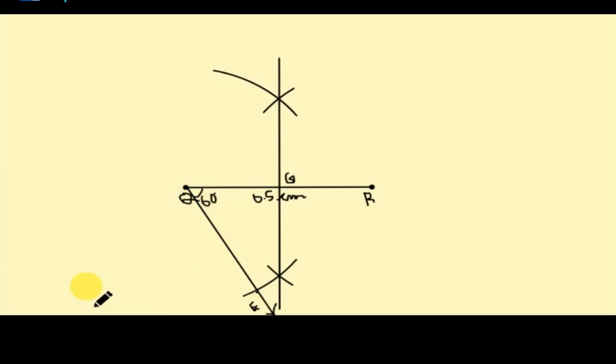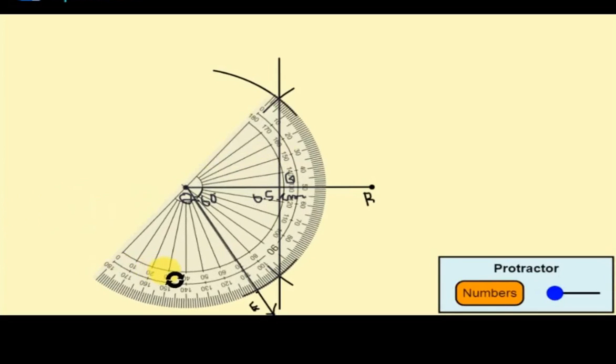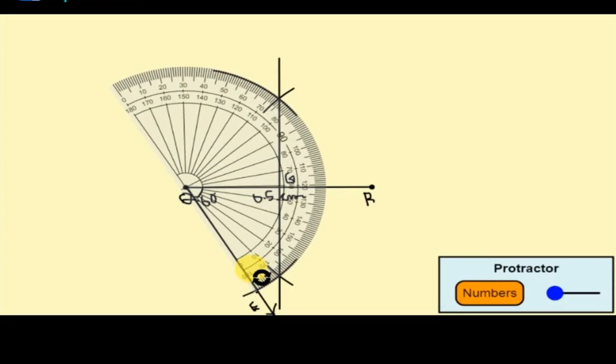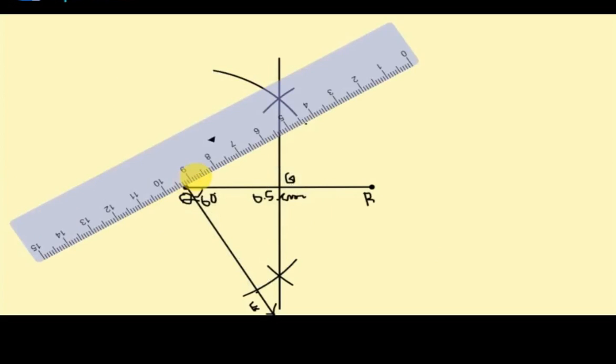Now take your protractor and place it on the QE line with Q as the base point. Mark 90 degree here. Then take your scale and join Q and the 90 degree dot.